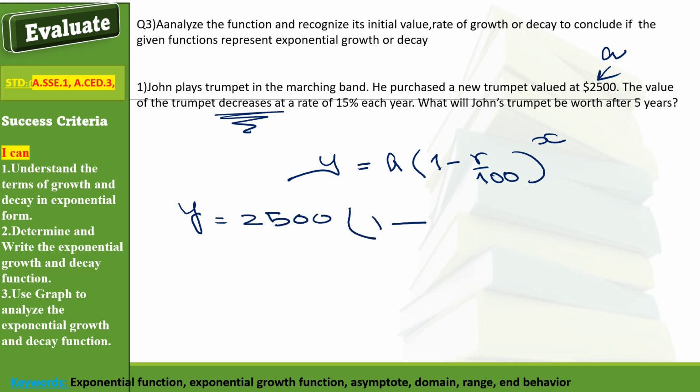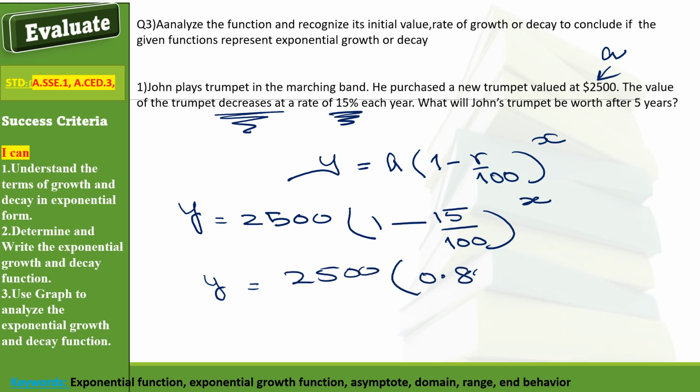R is always given in percent form, that is 15, and it has to be divided by 100. Now 1 minus 15 over 100 gives us 0.85 whole to the power of x.